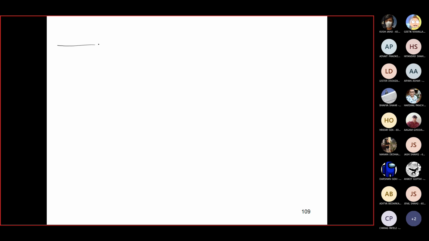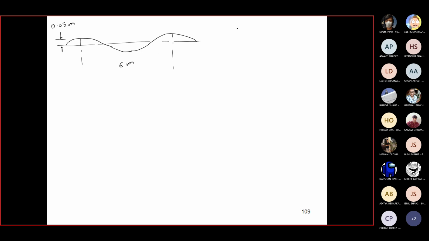So here you have a road. This road is of a sine wave format. This is 0.05 meters. The wavelength is 6 meters.